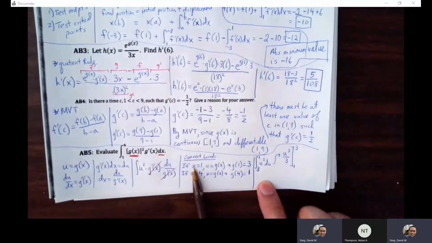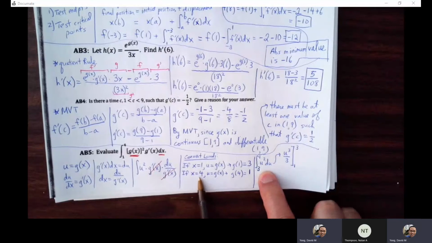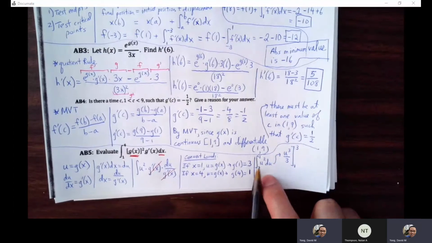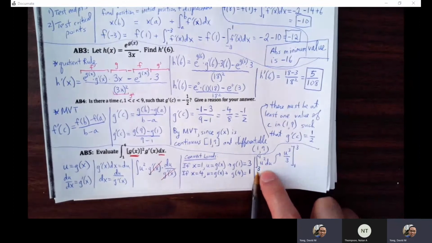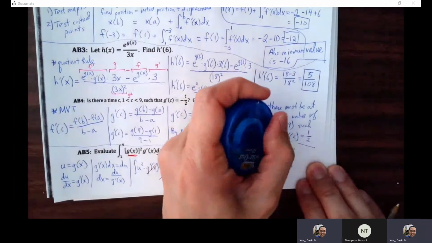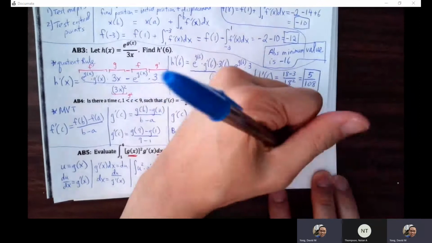So whatever I start with my lower bound, I need to keep in my lower bound. Whatever I start with my upper bound, I need to keep in my upper bound. So they need to begin in their correct locations, and then we can flip if we want to later on. But I think I'm just going to keep it the way it is.